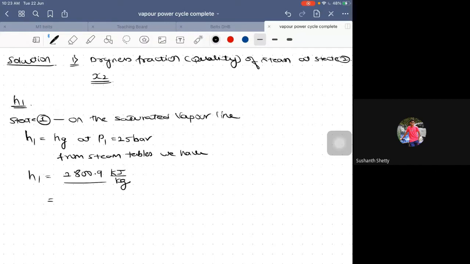So when you multiply this particular value with the value of m dot, what do you have? So h1 is in kilojoules per kg, m dot is in kgs per second. So what happens, kg gets cancelled, joules per second is watt, so it is kilowatt.